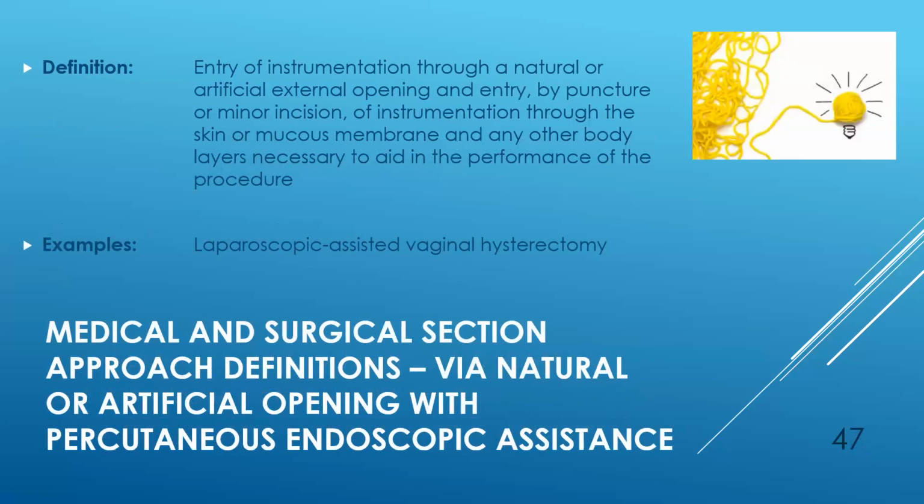And there are some special ones, like via natural opening with percutaneous endoscopic assistance, like a laparoscopic assisted vaginal delivery. So they do a little bit of everything. They go through the natural orifice, but they make an incision or insert instrumentation, and they use the camera. So you see that a lot with these laparoscopic assisted vaginal hysterectomies. Next.